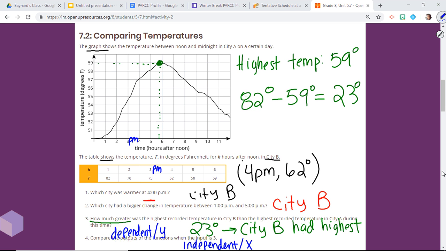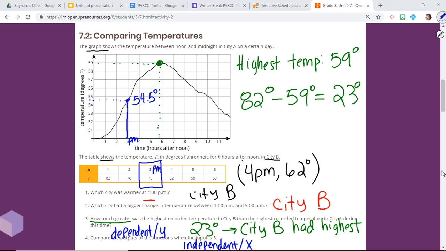So at 3 p.m., what are the outputs? So in City A, at 3 p.m., our output is approximately 54.5 degrees. In City B, looking at the table, at 3 p.m., the temperature is 75 degrees. So City B had the higher temperature.